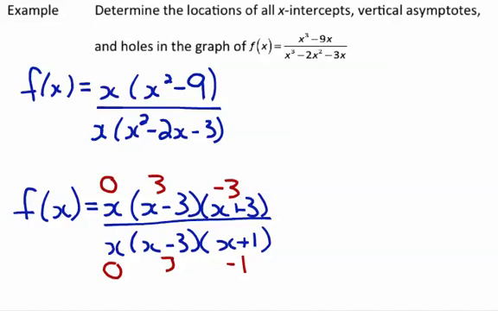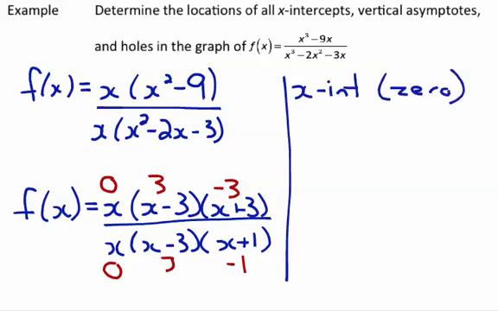So looking at this, now I can determine x-intercepts, vertical asymptotes, and holes in the graph. My x-intercept, this is where the function is 0. This is where I have a 0 on the top, but not on the bottom. If I choose that 0, well, if I substitute in a 0, I'll have a 0 on top, but also on the bottom.